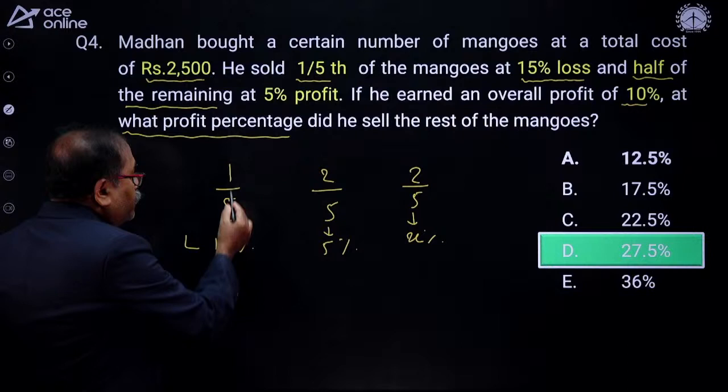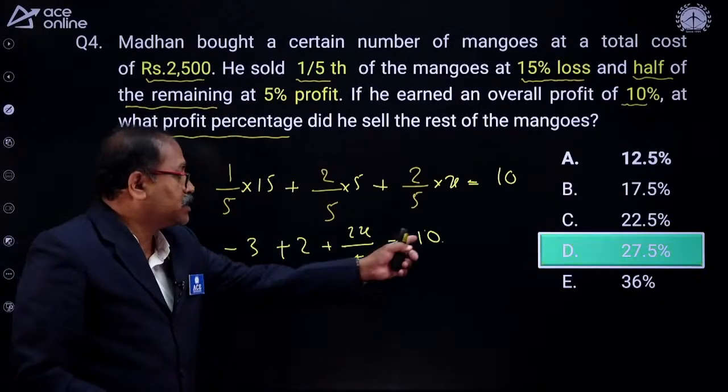Well done, sir. So I will just remove these figures and then see what it comes to here. Then I notice that here minus 3, and when it gets cancelled, plus 2, and plus 2x by 5, which is equal to 10. Now here the minus 1 will go to the other side as a plus 1, that is 11.